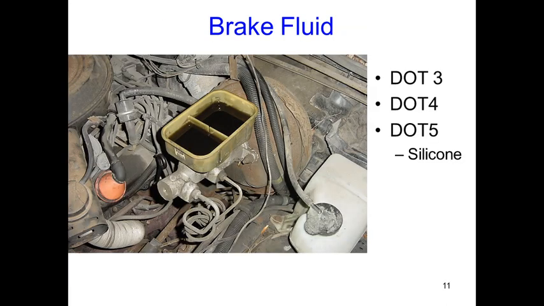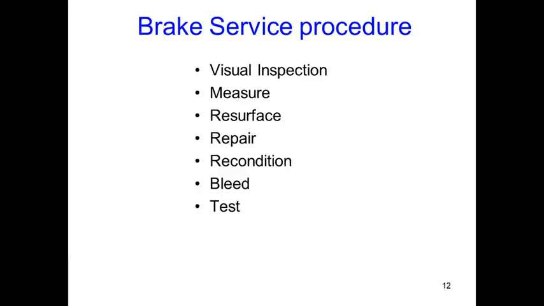Silicone can also be used as a brake fluid. The service includes visual inspection of the brakes. Manually we can check the linings, and the thickness of the lining we can measure using a feeler gauge or some other device. We can resurface the brakes if possible within the prescribed limit. We can repair the brakes if some damage is there. We can recondition the brake, we can grind the brakes as per our requirement if it is within the feasible limit.